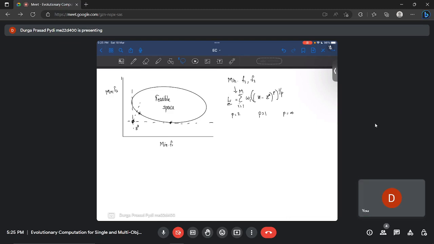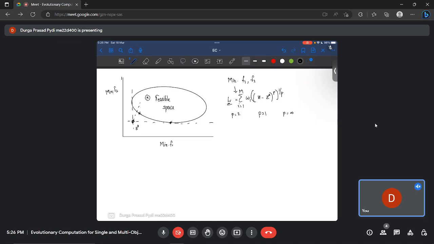After this method, we also discussed the Benson method, where the idea is slightly different. Instead of trying to find one point outside and get close to it, we take a point inside the feasible region itself and try to move any solution away from this particular point.